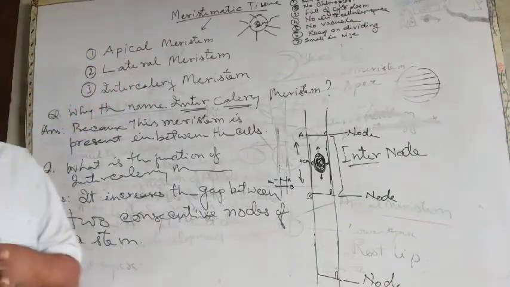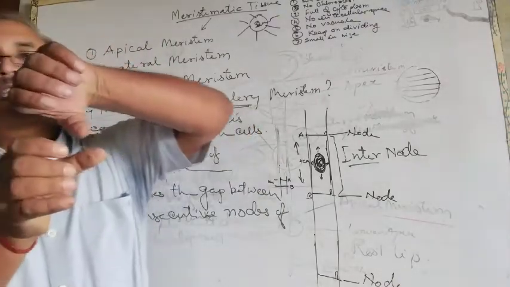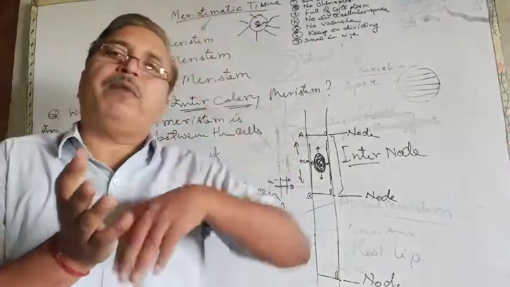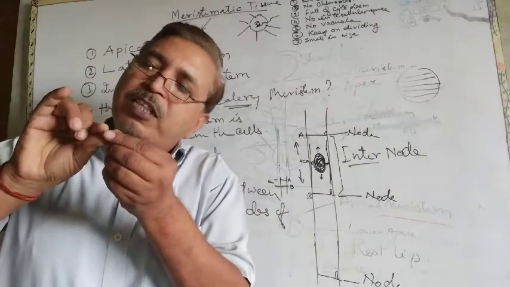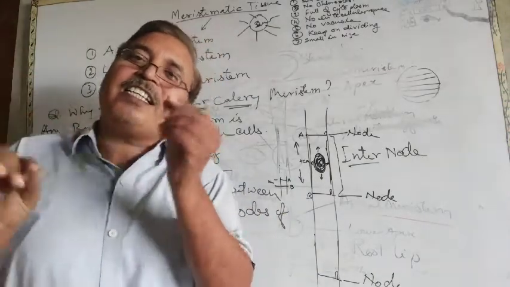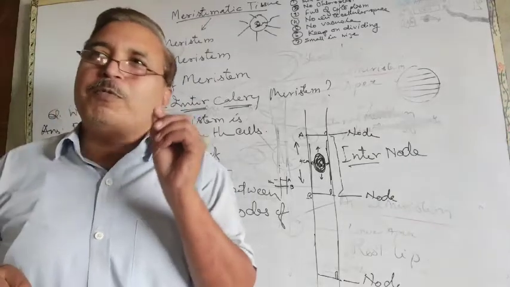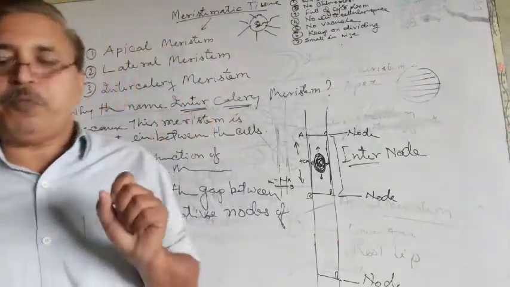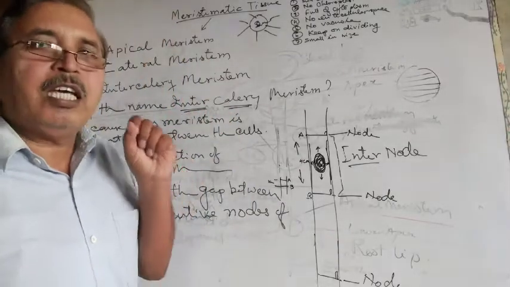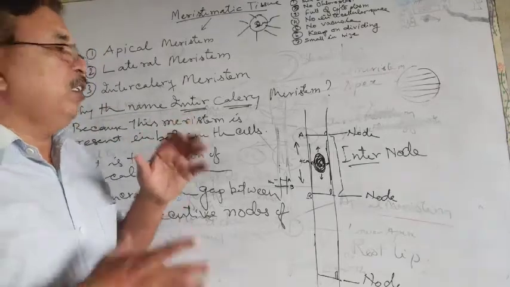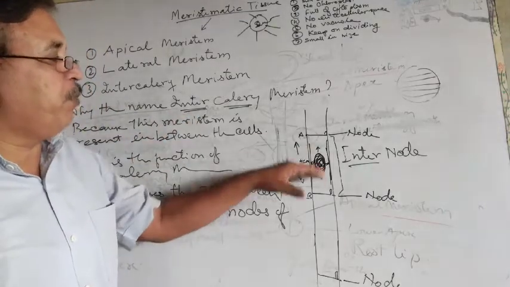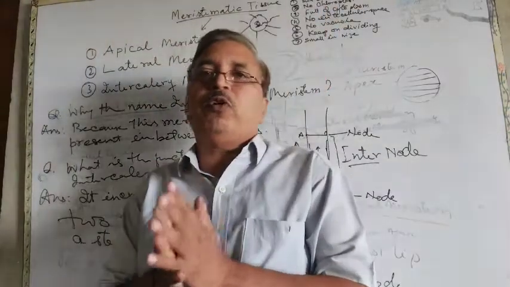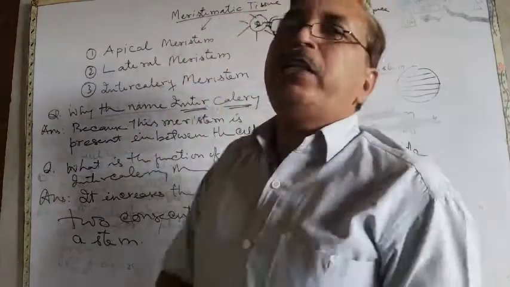In the leaves also, sometimes you see a cylindrical structure in which pressure is exerted upward, downward, on all sides, and that is intercalary meristem. If you observe, they are truly responsible for branching as well as leaf formation, and the main function is increasing the gap between two consecutive nodes. That's all in this video. In the next video we will be talking about the permanent tissues.